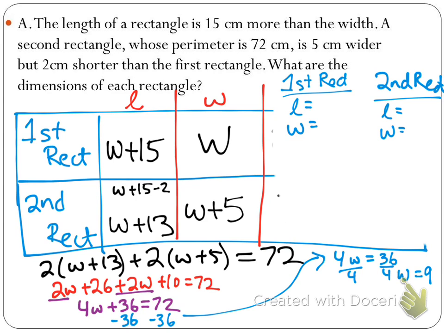Which one is just the W? The first one's width. So right now, I already know that this is true. What's the length of the first one? Yeah, 9 plus 15. Just plug the W in. What is 9 plus 15? 24.